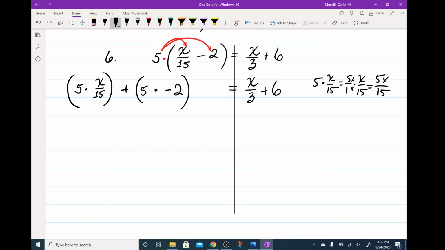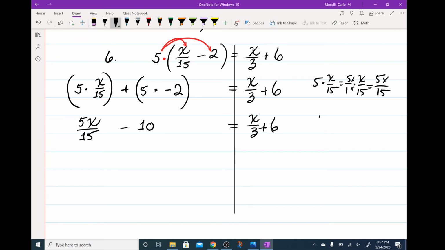So here, we just write 5x over 15. Now we do 5 times negative 2. Well, 5 times 2 is 10, so 5 times negative 2 is negative 10. So I have 5x over 15 minus 10 equals x over 3 plus 6.